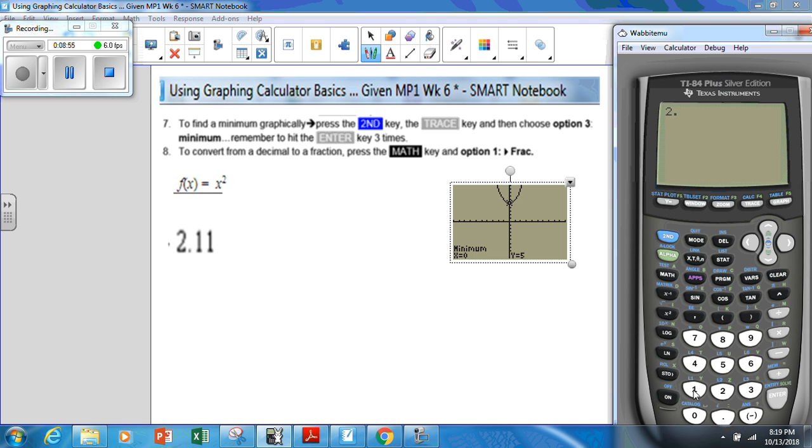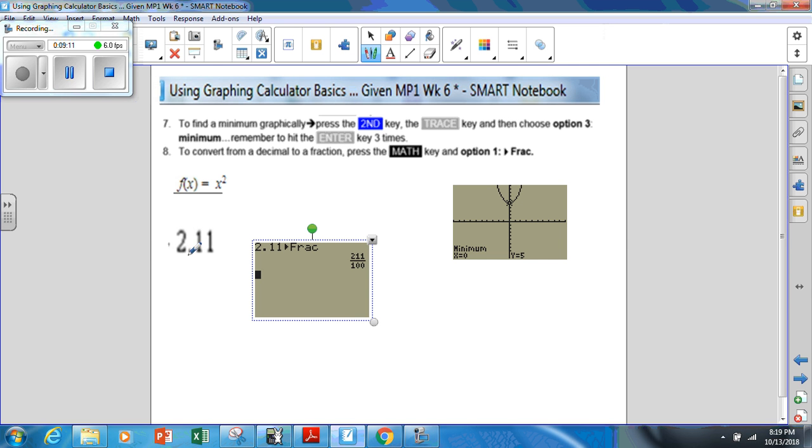Enter. In order to put 2.11 in a fraction, we see that it's 211 over 100. Hey, the Regents exam has done weirder things.